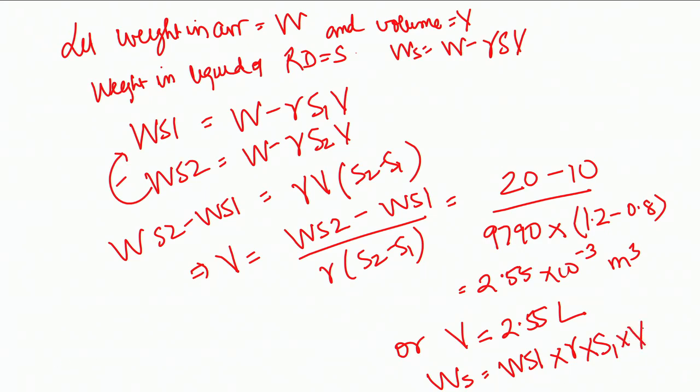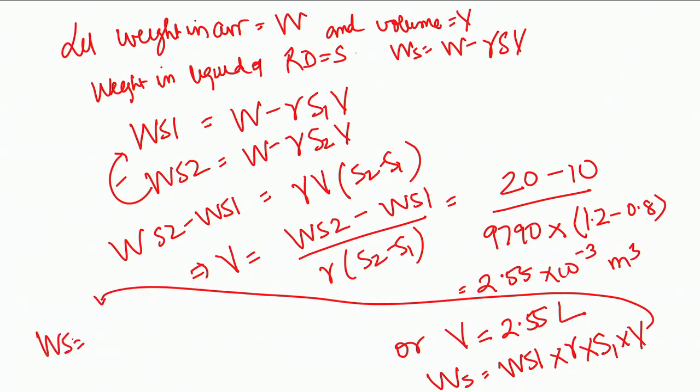And W can be written as Ws1 plus gamma into S1 into V. So I'll take this calculation here. So W can be written as 20 plus 9790 into 0.8 into 2.5536 into 10 to the power minus 3.